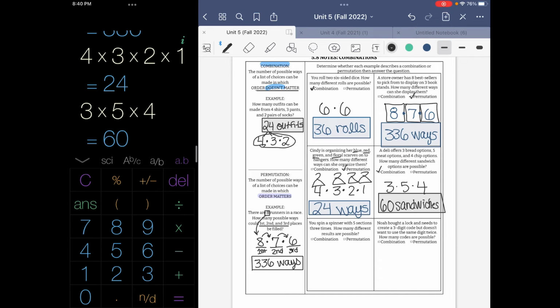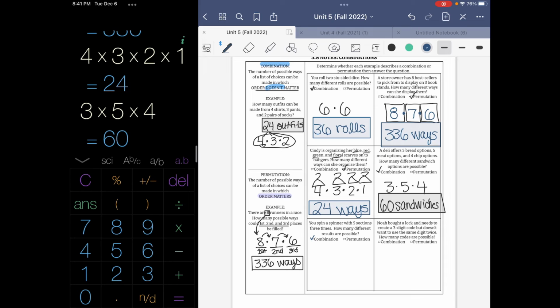All right, last two. You spin a spinner with 5 sections 3 times. How many different results are possible? This one is kind of like the two-sided dice one at the top, where order doesn't matter. Because you can respin the same thing again.